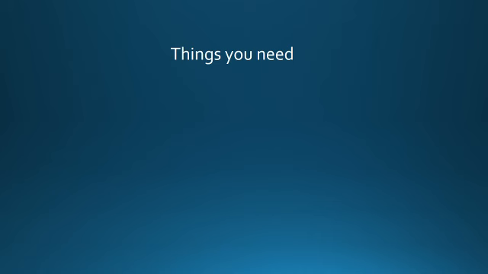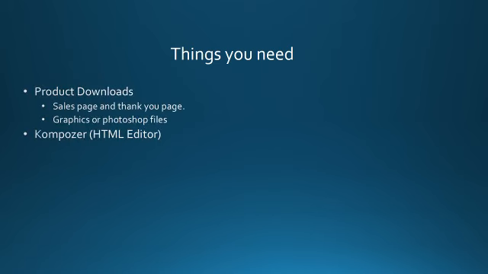Now here are the things that you need. You need of course to have the product download. So you're going to need to have access to the video course, the ebook, or the product itself. You're going to need to access the sales page and the thank you page. If you don't have a thank you page, you can create one with the HTML editor that we're using, and I can show you how to do that.